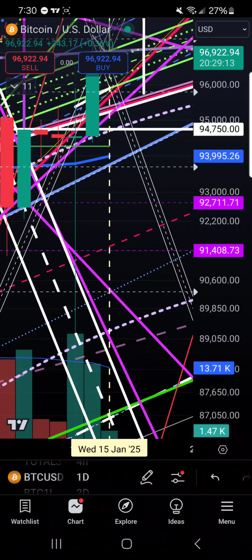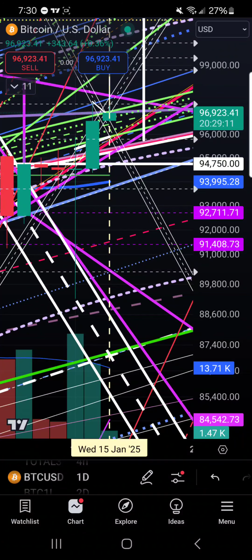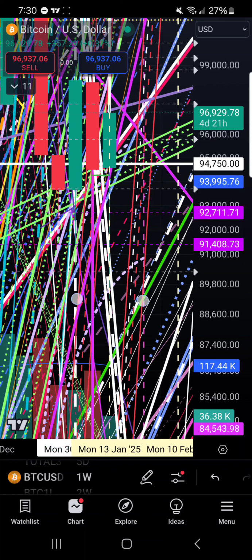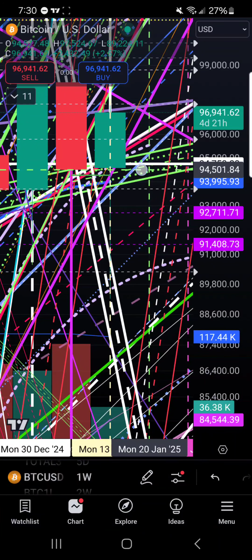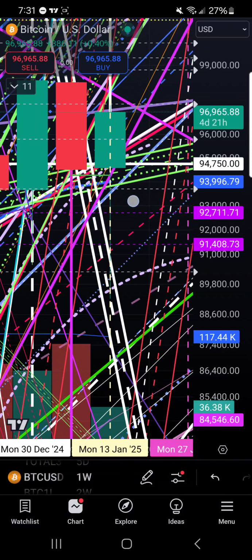And then also, going back to the last video, if you look at the weekly, as long as we finish above 94.5-ish, we're going to have bullish divergence on the weekly.